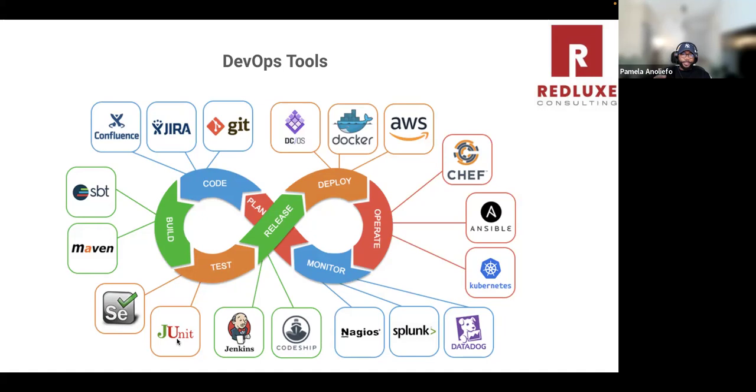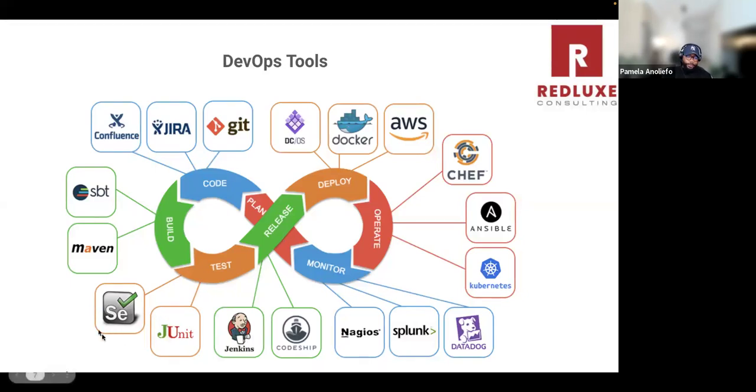The size of the image must be XYZ. The format must be XYZ. So we can define all that in a build spec, upload that to these tools, and as long as the code that the developer has built meets those specifications, then we can say yes, the testing is done and the code meets the specification, and it can go on to the next stage, which is the release stage.